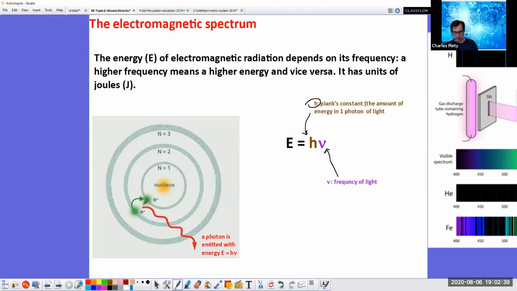But let's look at this image here. It's telling us something. It says, hey, I'm kind of looking at a Bohr model here. This is the first period on the periodic table, the second, the third. And as this electron goes from the second energy level to the first energy level, it's emitting some light that has this energy, right?